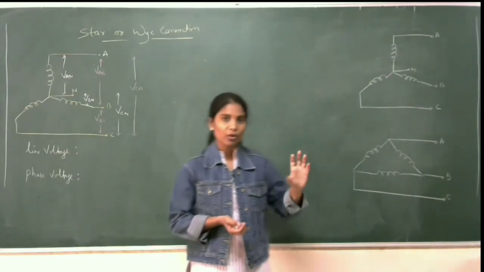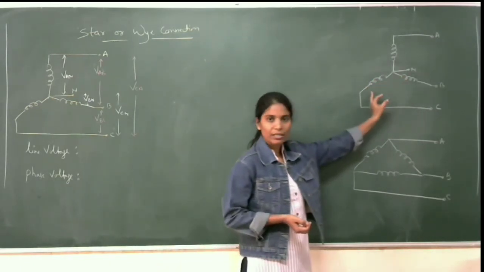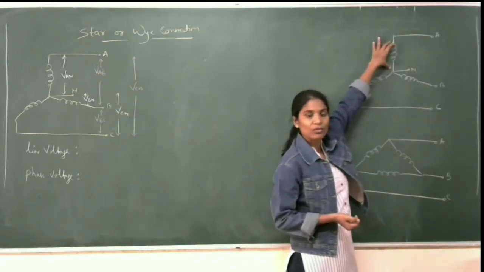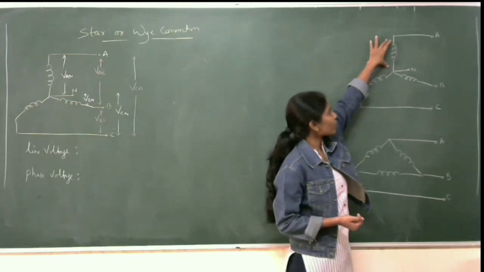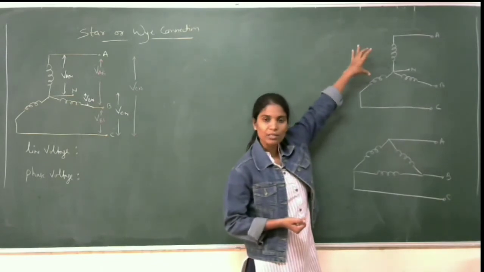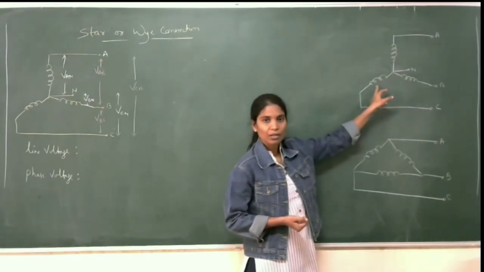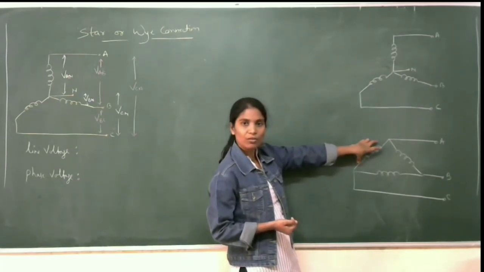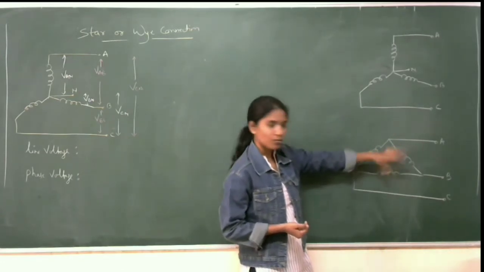Because we are working on three phase, we have three windings: winding A, winding B, and winding C. If some voltage appears across a phase, that is called the phase voltage. In the balanced condition, these phase voltages will be the same. Similarly, in the delta connection, the voltage appearing across each winding is the phase voltage.